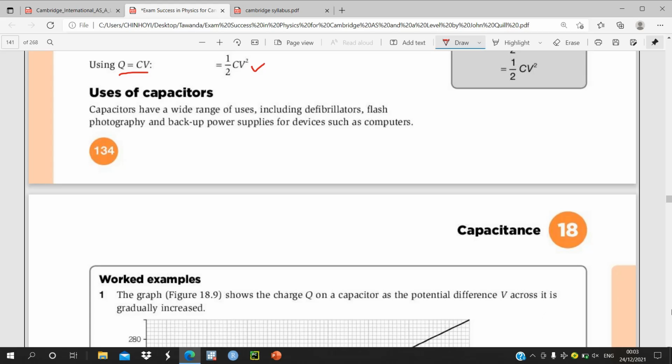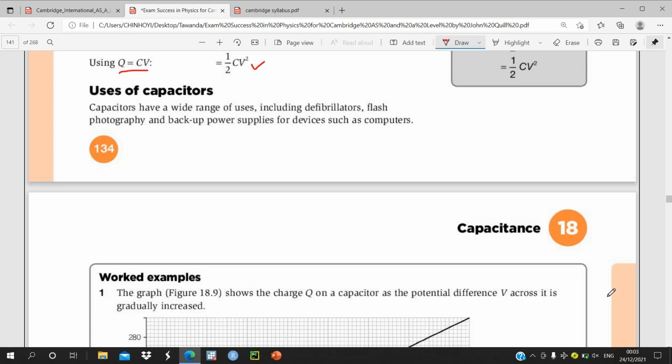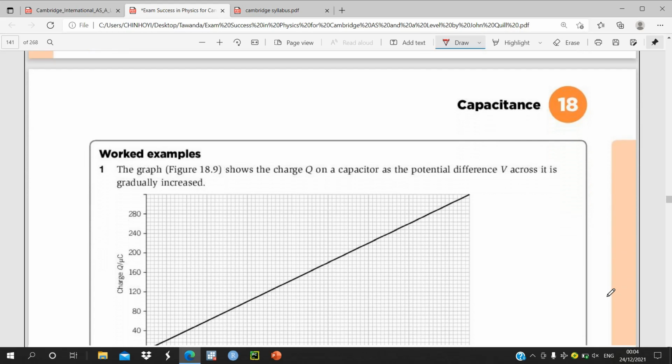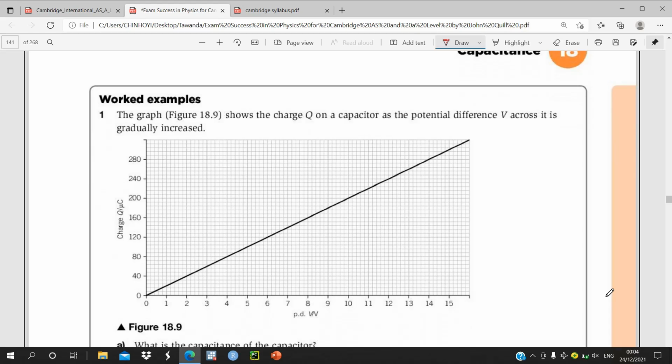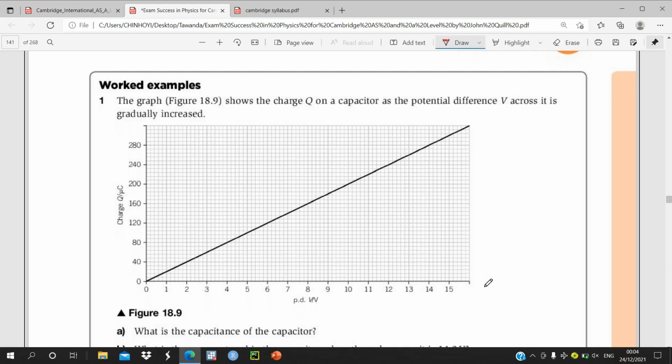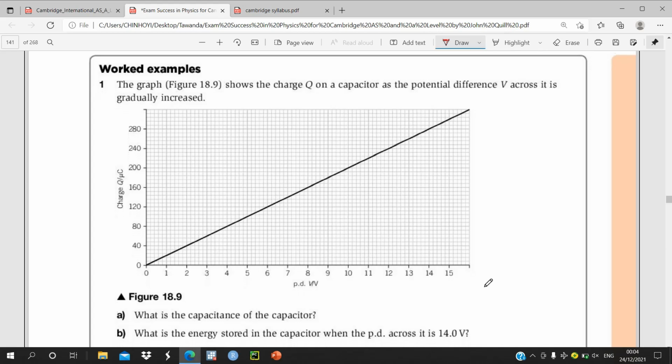And we also have this worked example. We have this graph. This graph shows the charge on a capacitor as the potential difference across it gradually increases. As you can see here, we have a capacitance from this one to this one. Now what is the capacitance? The question is asking what is the capacitance of the capacitor?